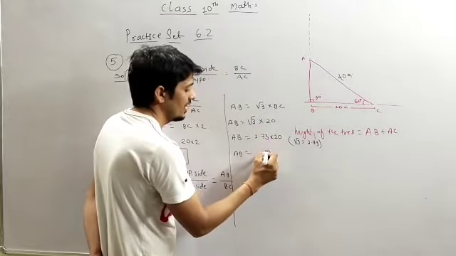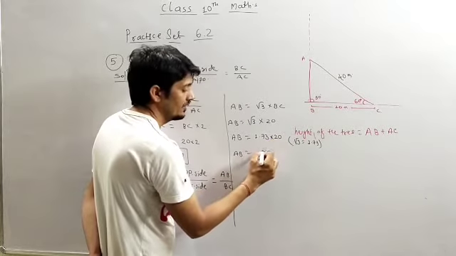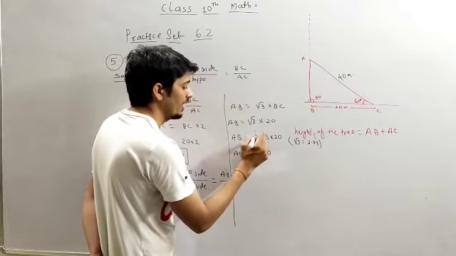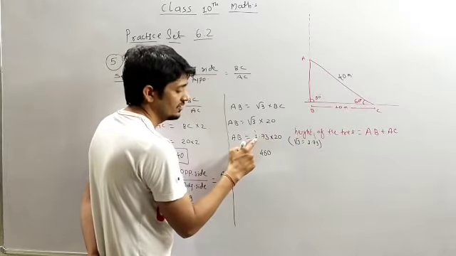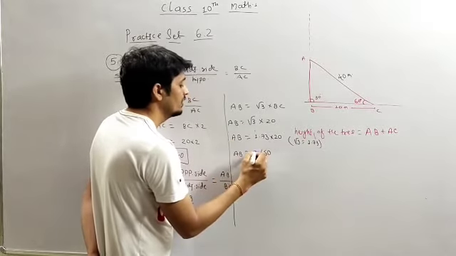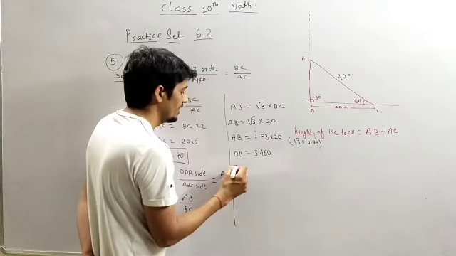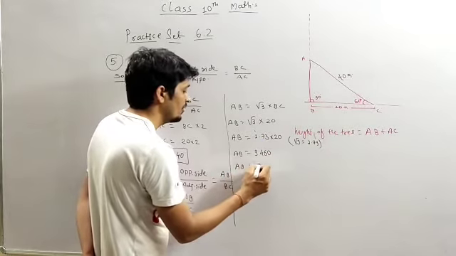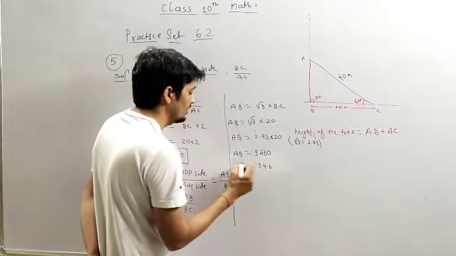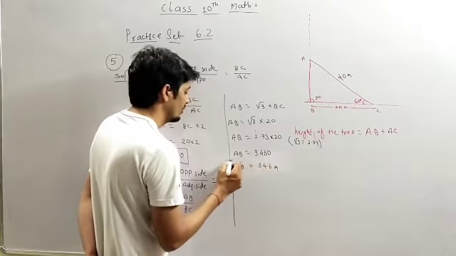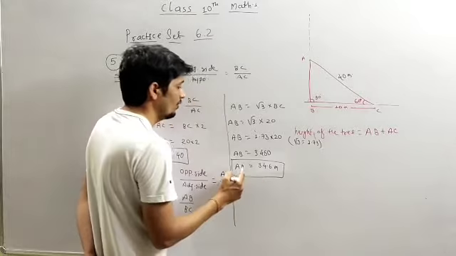So 2 3s are 6, 2 7s are 14, 14 write 4 and carry 1, 2 1s is 2 and 1 is 3. After 2 there is a point, so put the point after 2. So AB equals to 34.6 meter. Okay, so this is the value of AB.